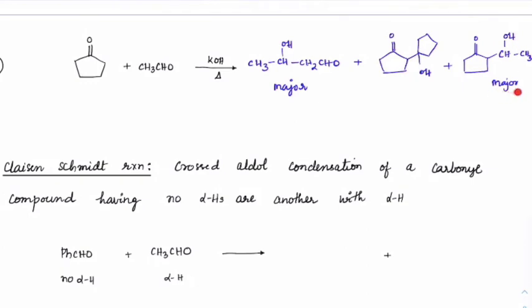And within the crossed ones here, if it was asked which will be the major product in the crossed ones, always the keto form will act like the nucleophile, okay, and aldehyde will always act like the electrophile part. So that would be the major product in the crossed forms.